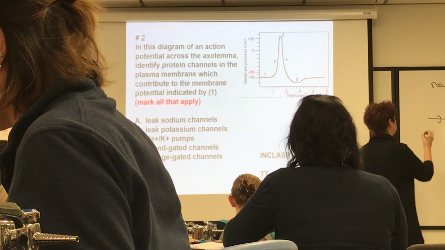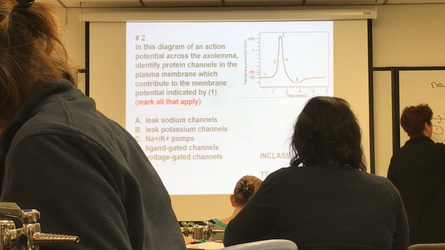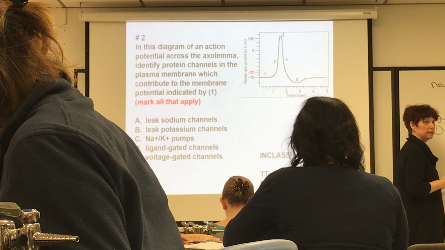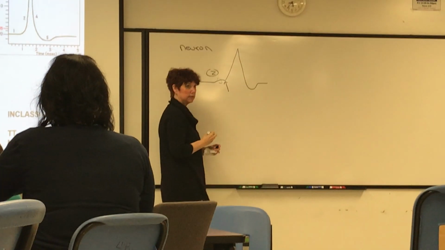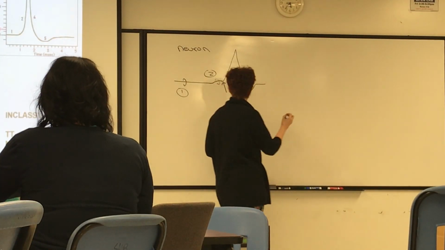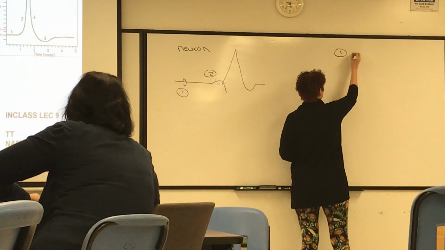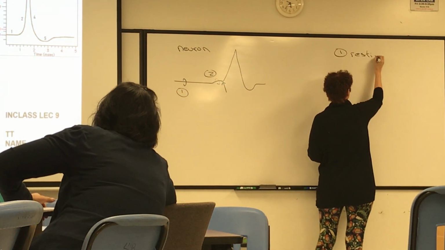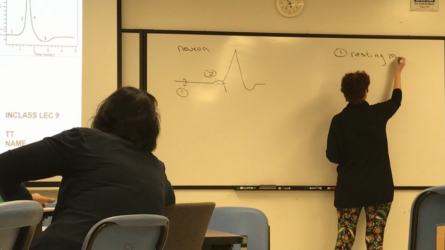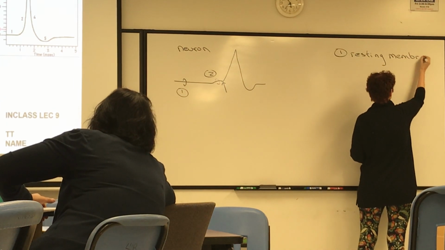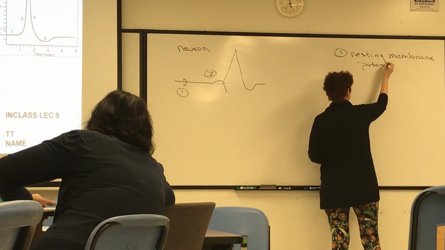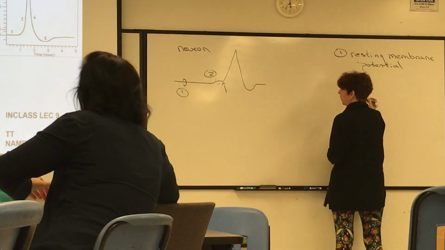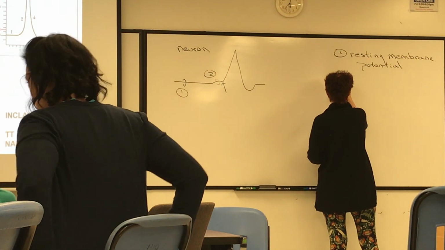Resting membrane potential. And this one would be called graded potential. And this point right here would be called... types of potentials in muscle cells because they're both considered to be irritable.